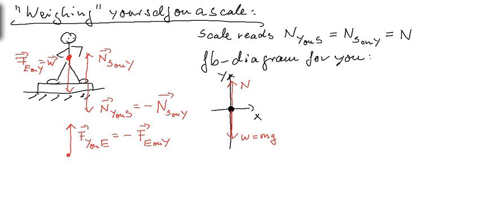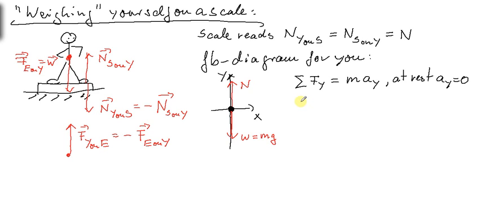Newton's second law then, if I sum up over all the y components of the forces, I get your mass times the y component of your acceleration. Because you are at rest on the scale, this y component of the acceleration is 0.